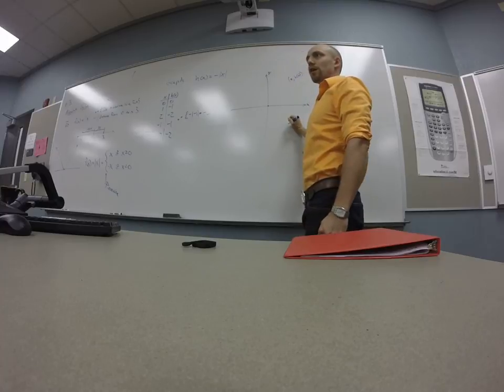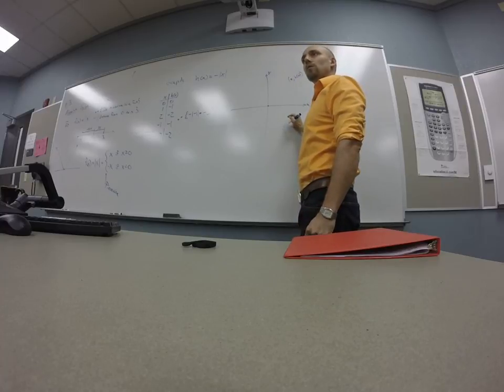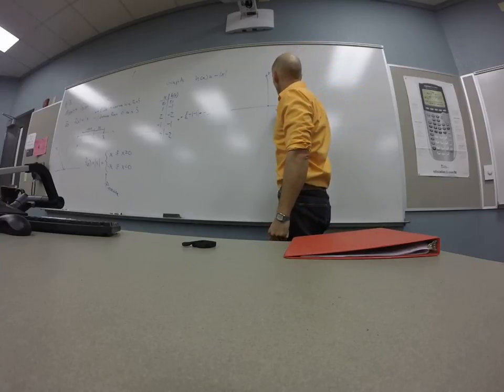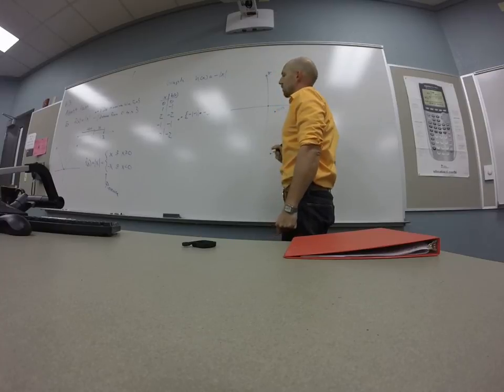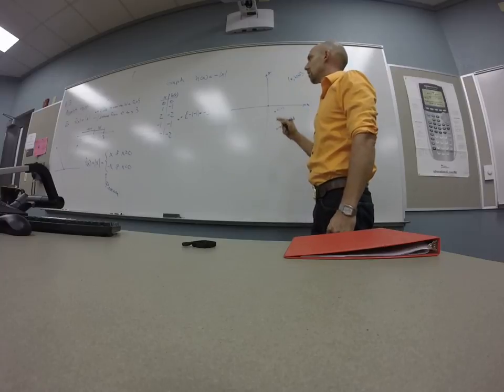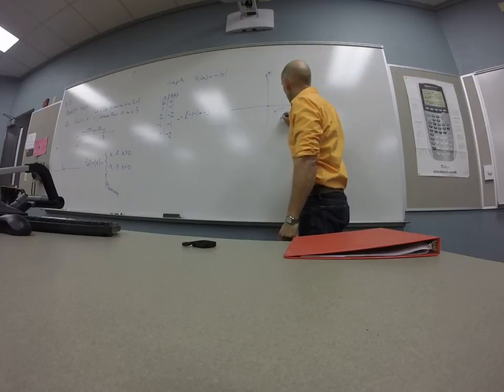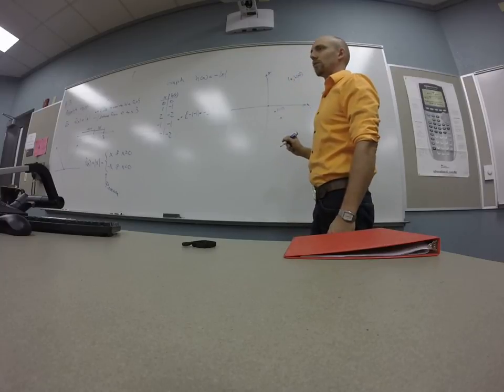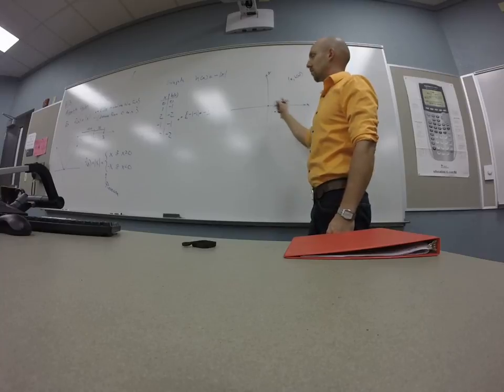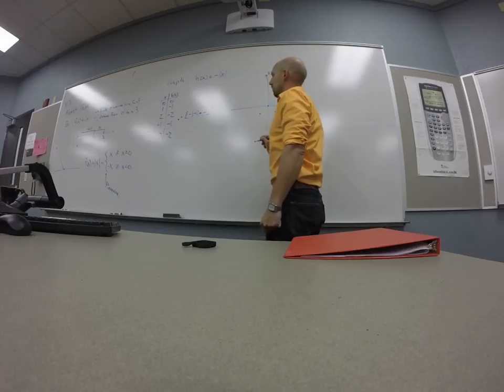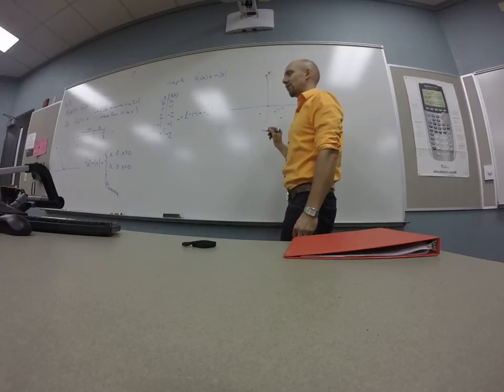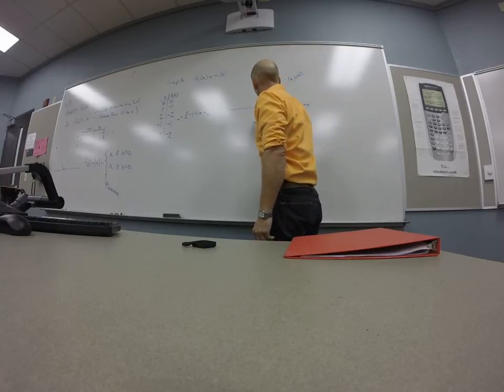What's our next point on the graph? So over 1, down 1. Over 2, down 2. Left 1, down 1. And left 2, down 2.